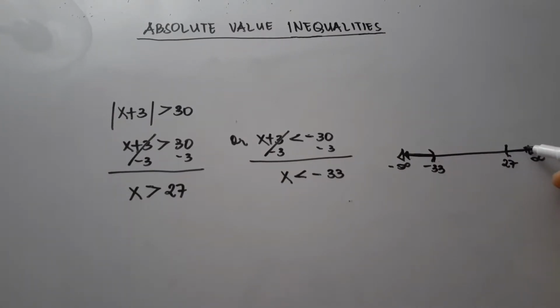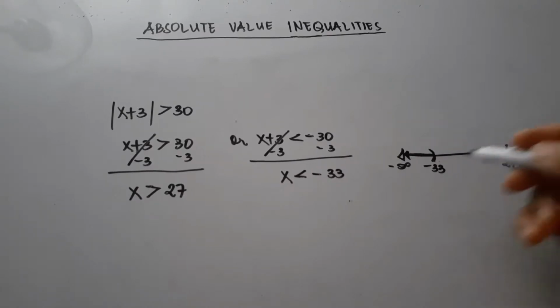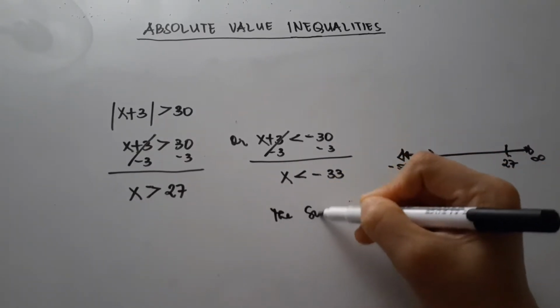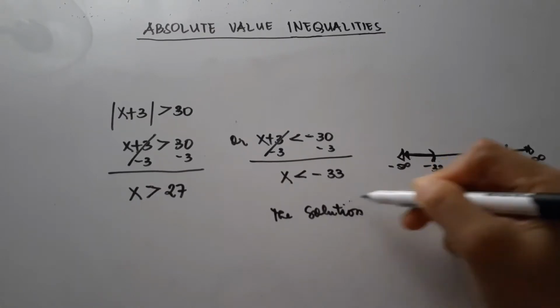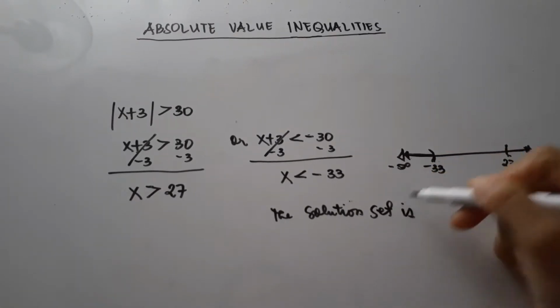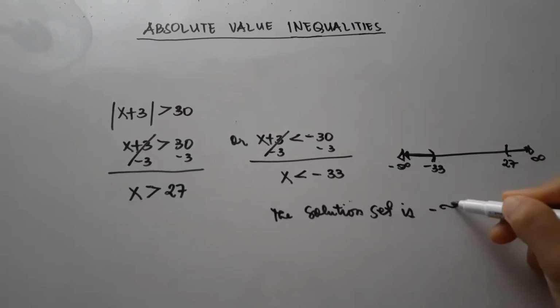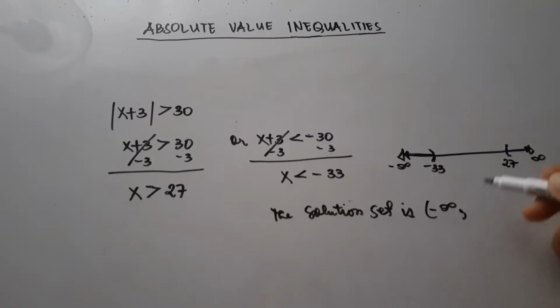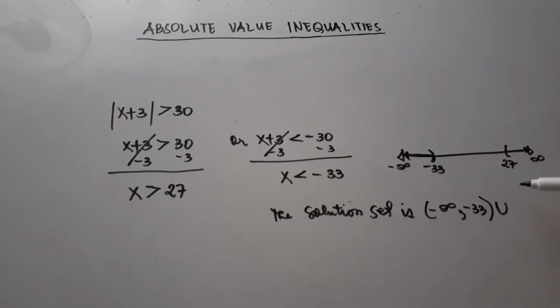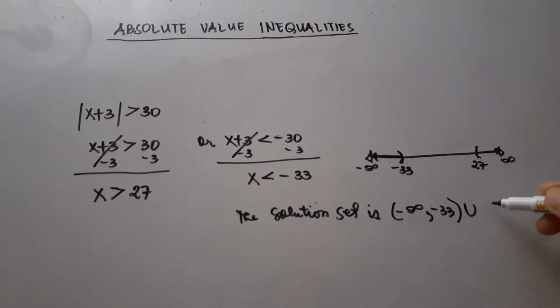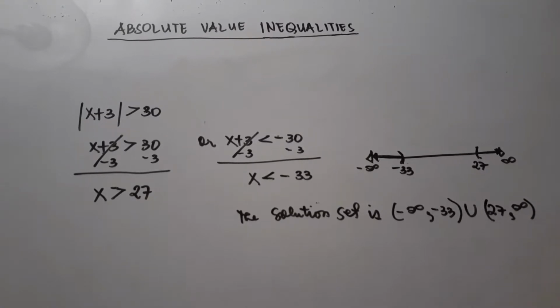So in interval notation it is an open interval, since the solution set is in between negative infinity and negative 33, and on the other side, between positive 27 and positive infinity. So the solution set is negative infinity to negative 33, union 27 to positive infinity.